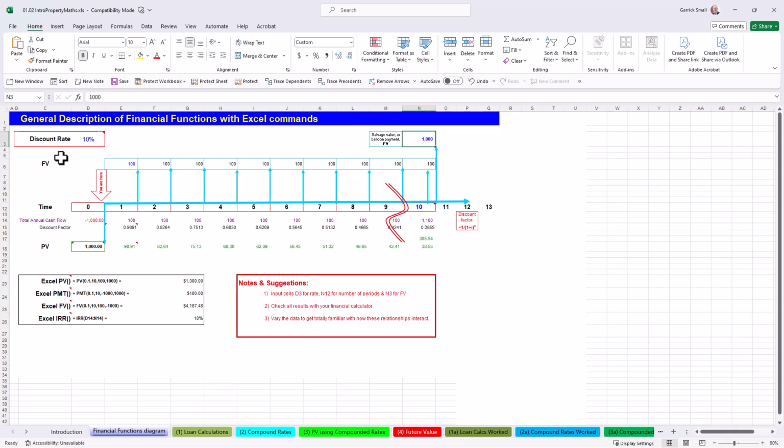Okay, we notice that with a discount rate of 10% and these $100 revenues coming in for a purchase of $1,000 and an eventual notional sale of $1,000, the whole thing balances up. And so if I pay $1,000 for this asset, then it will achieve my investment objectives of returning 10%. That goes back to business finance.